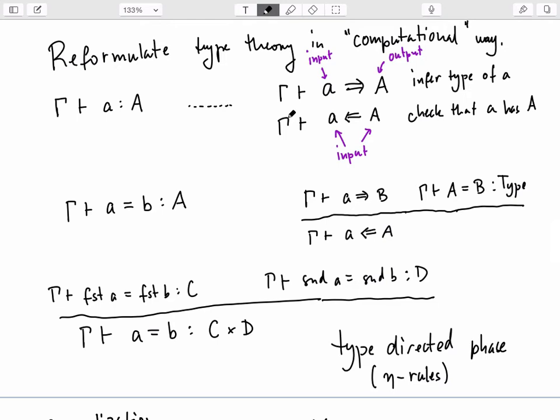Okay? I would try to keep these two the same, so that more or less the algorithm is still driven by inference and checking. But then, when you get to this question of why are two things equal, then you have to stop and do something different.